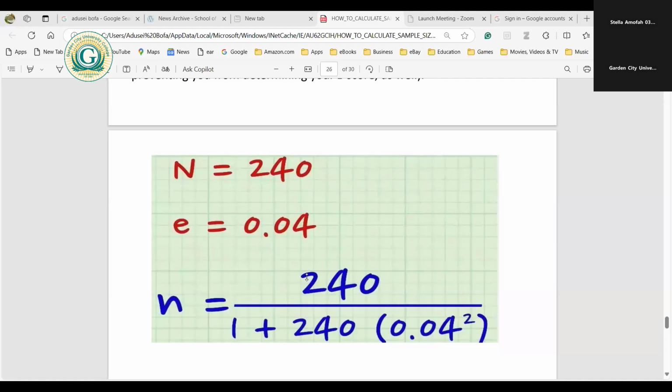Stella Amufa, ask your question. Sir, would the question determine the kind of formula you use, or can you choose any formula for the sample size? I wasn't able to participate in the first and second formula. It depends on the question. If the question asks you to use, let's say, Slovin's formula, then you have to use it.